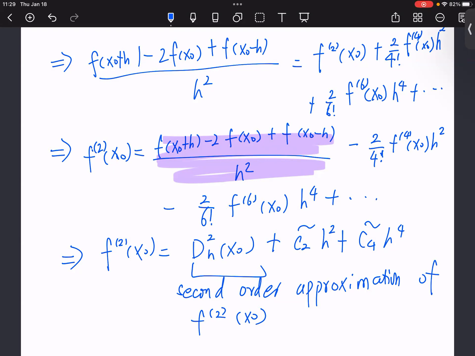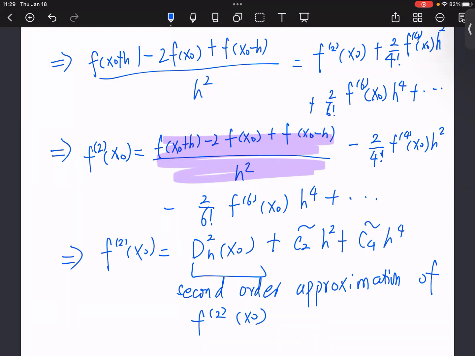So let's take a look here. For the next part, we are leveraging the central difference formula to answer the questions here. We want to get a high accuracy formula for the first derivative. Remember, we are not doing the second derivative this time.